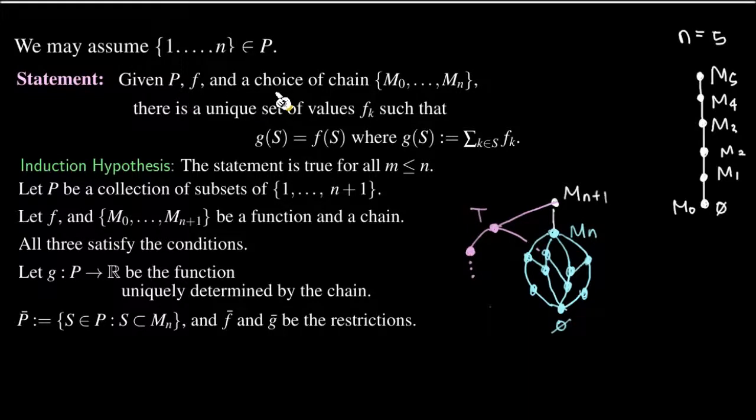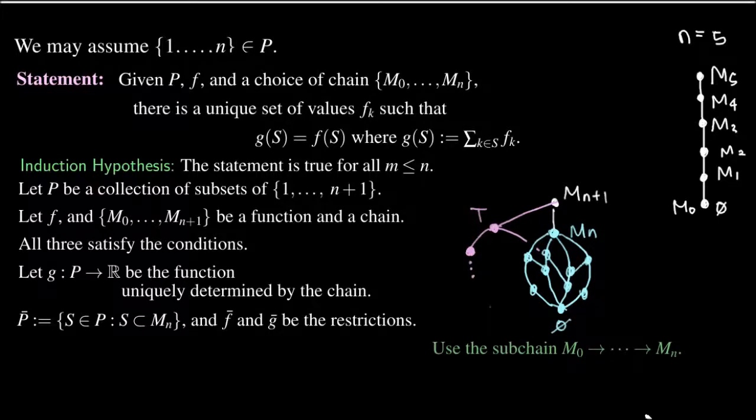Now, when you apply the induction hypothesis, we have to make this choice of the chain. To compare this nicely with the original one, we have to compare that with this G bar. G bar here is given for this smaller subcollection, not determined. So we have to think about which subchain we're going to use for this smaller subcollection.